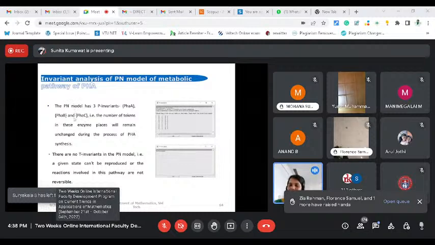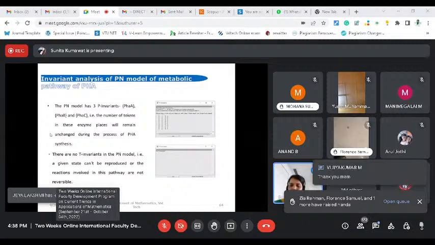Whether in metabolic pathways, biological, gene regulatory, signaling, social or citation networks, whatever networks you are working on, you can use this by analyzing the targeted place or targeted transition, to see whether after this process this will happen or not, and which pathway it will follow. Because it's an automatic process, it will give some new pathways as well.